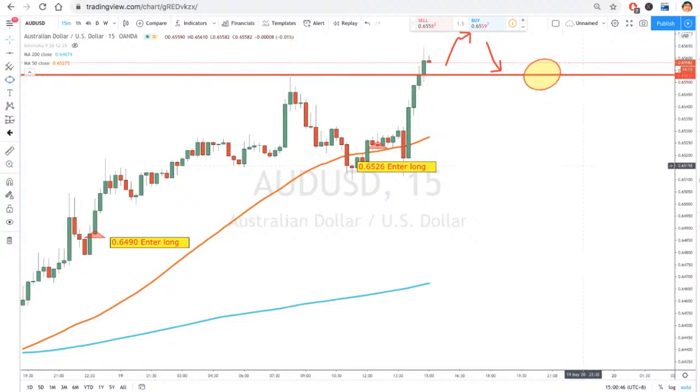So we will see if this resistance turns support. It might be happening on the London opening in an hour's time, and as I'm talking, you see an engulfing candlestick is going to appear. Will it appear? We don't know.